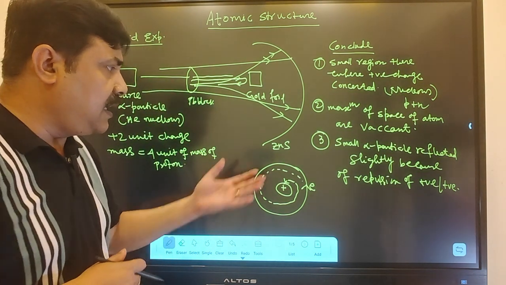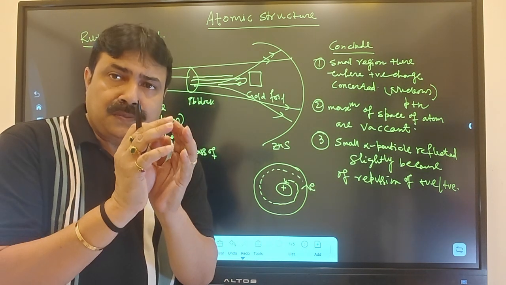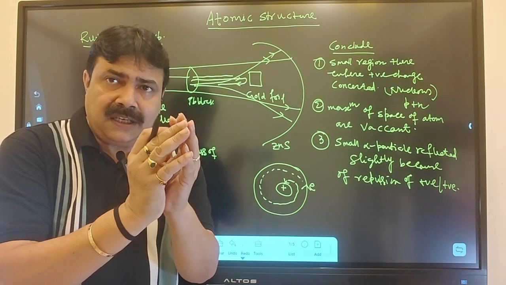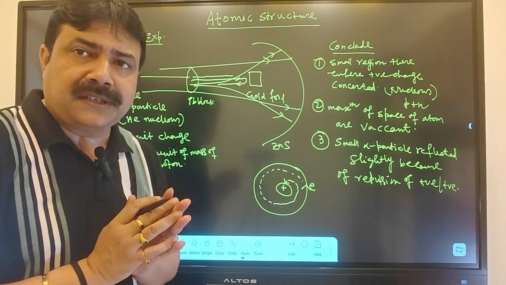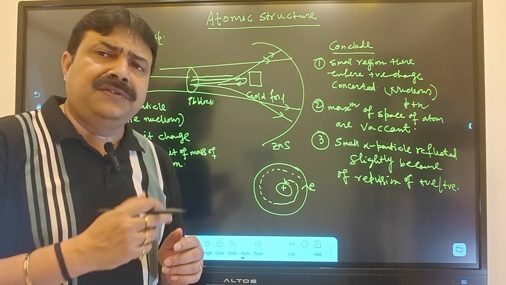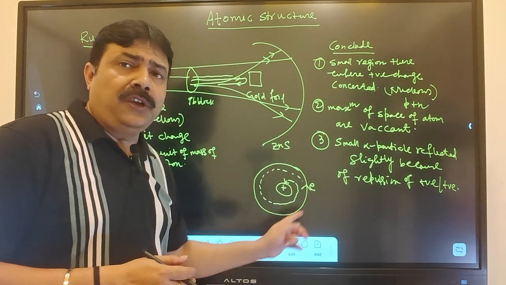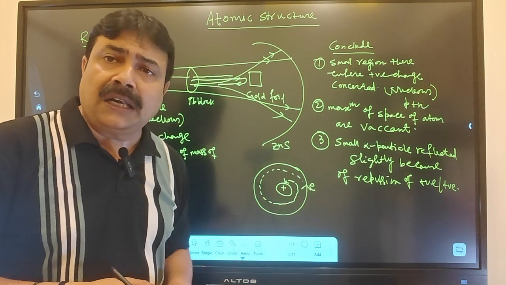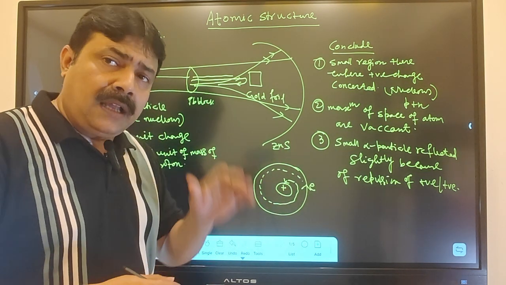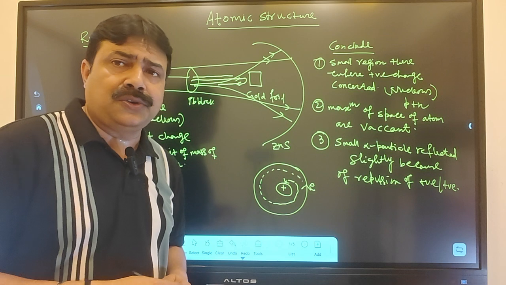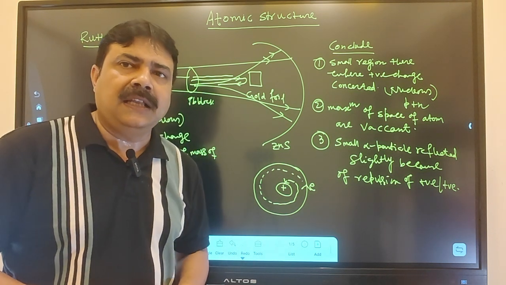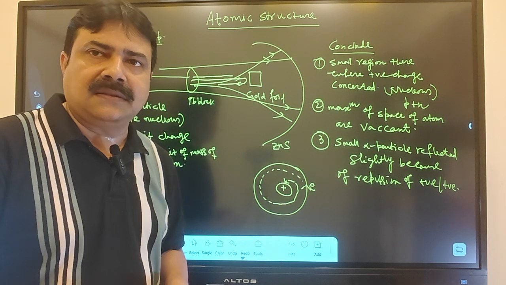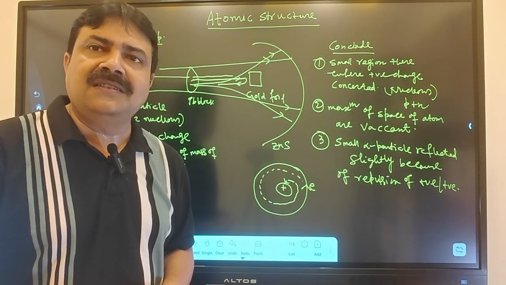Rutherford used to say there is a small region where there is a nucleus, which was later discovered to contain protons and neutrons, and around this nucleus the electron is moving in a circular path which is called an orbit. Then the scientist community asked a question: okay fine Rutherford, no issue, but whenever a charged particle is moving around a nucleus, it will constantly lose its energy.